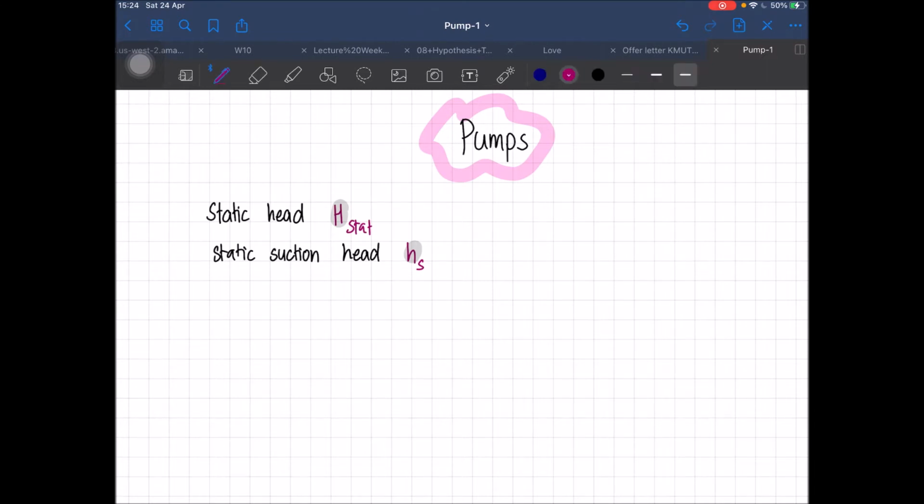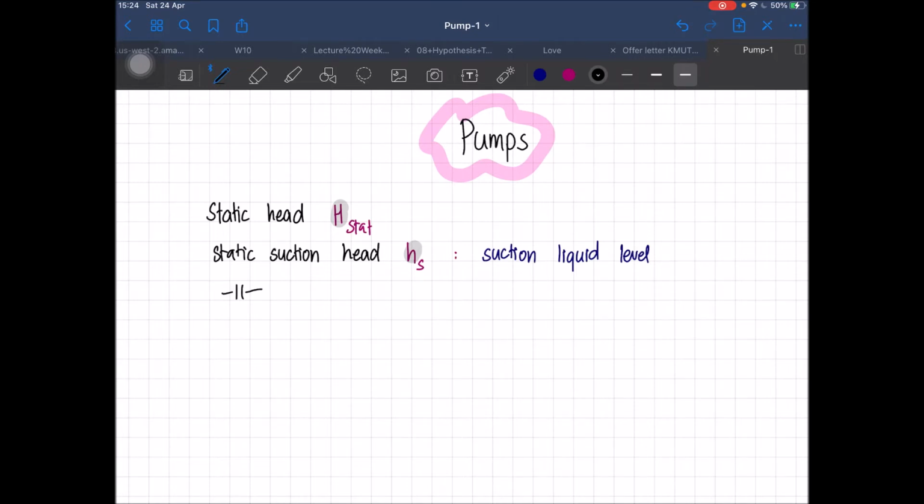So now we have suction head, this suction liquid level. And another terminology that we have here is the static discharge head.